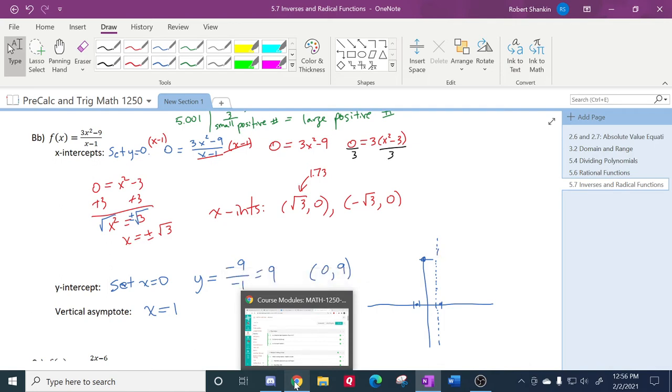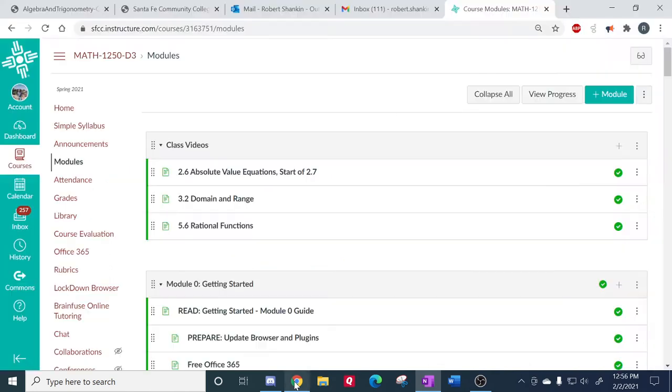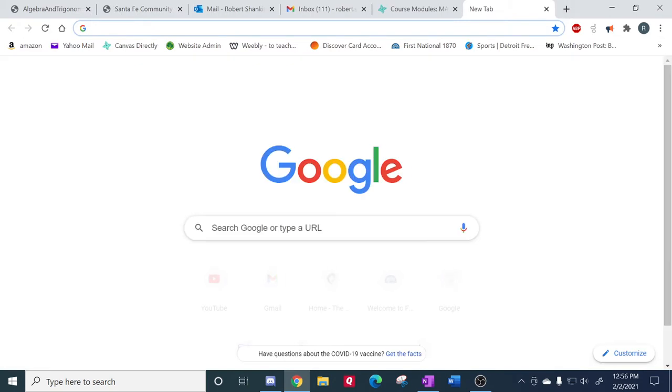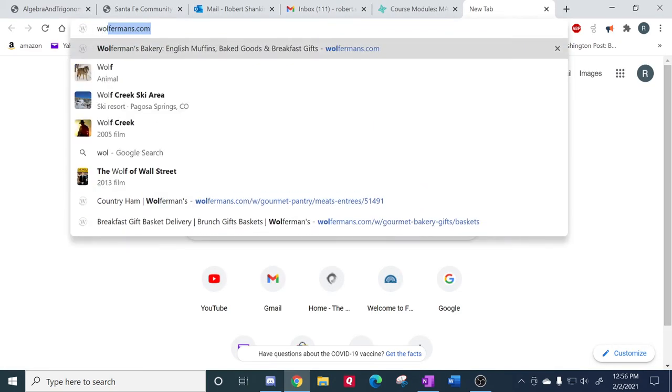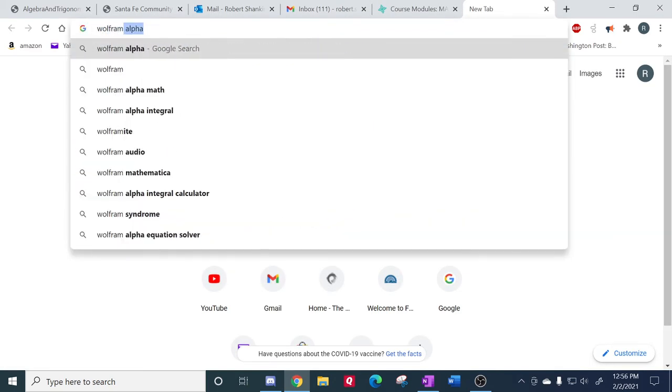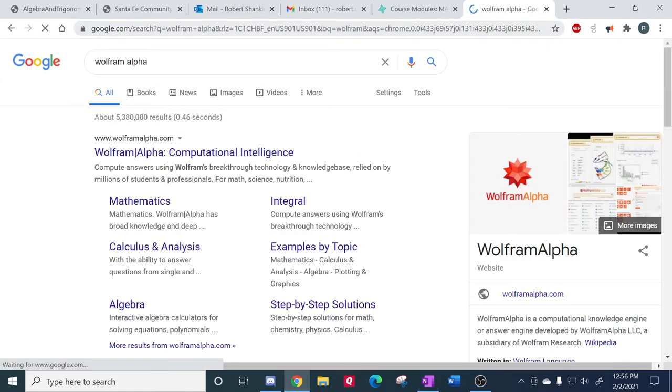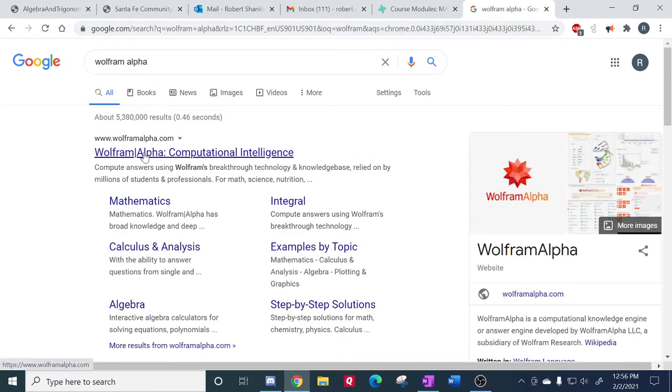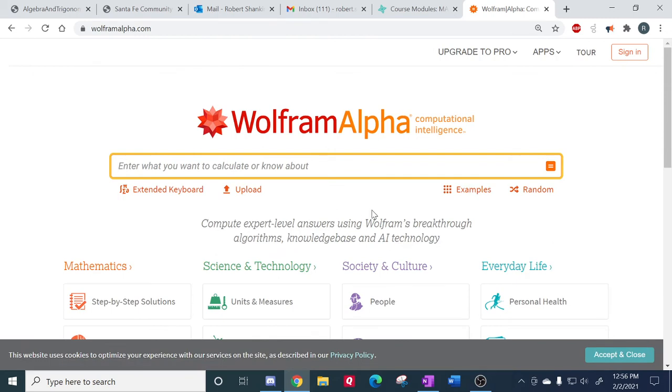My favorite math graphing utility is called Wolfram Alpha. If you go to wolframalpha.com, it's super easy to use, just one line of input. And if you don't know the lingo, you just use normal English and it'll figure it out.